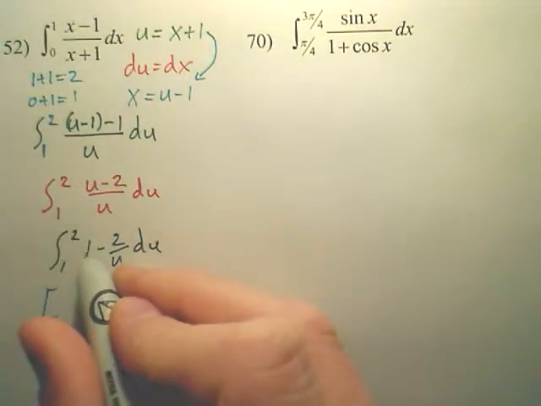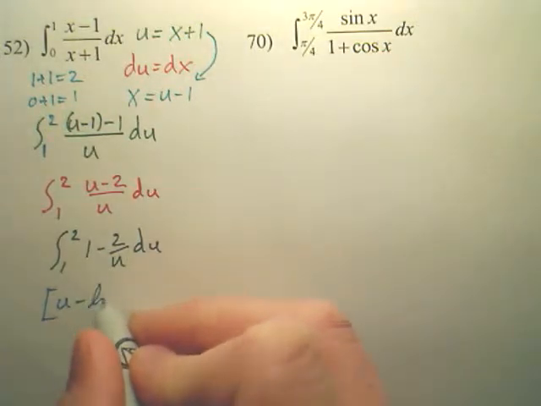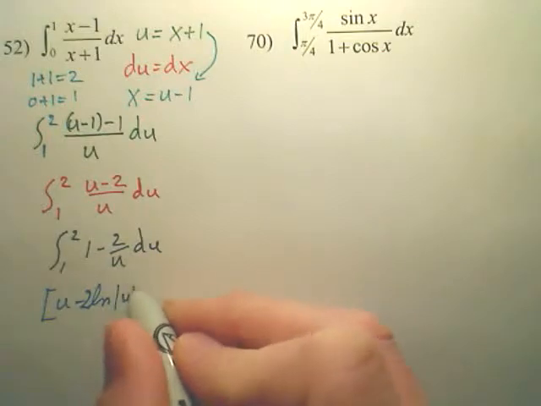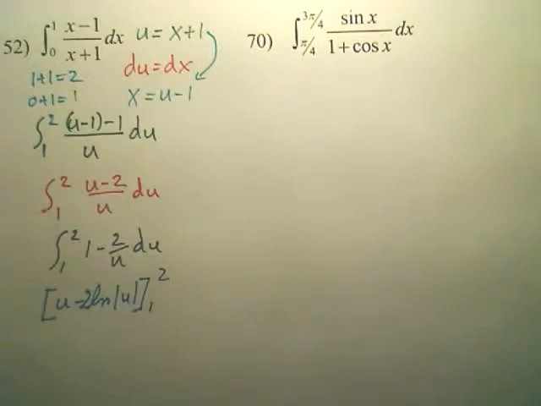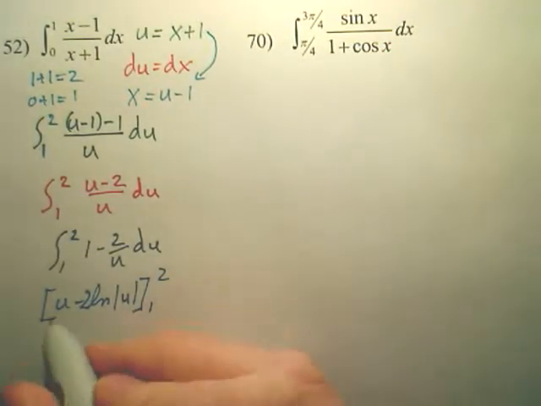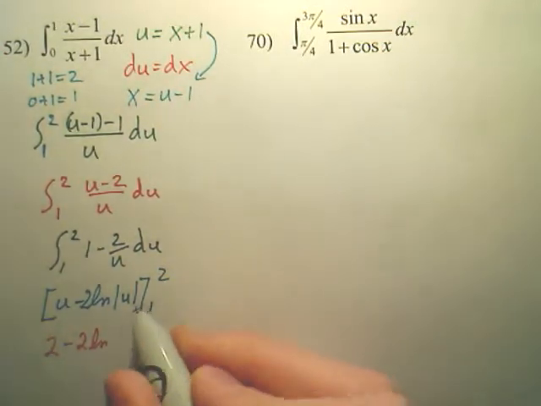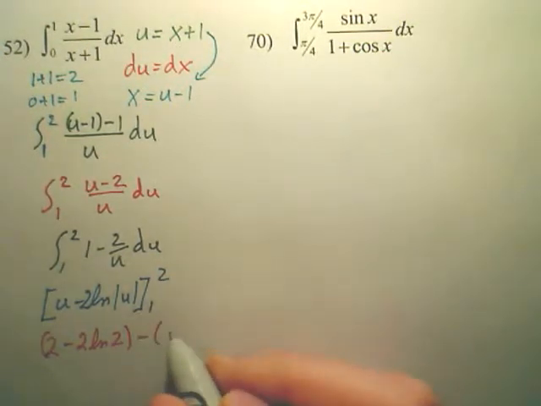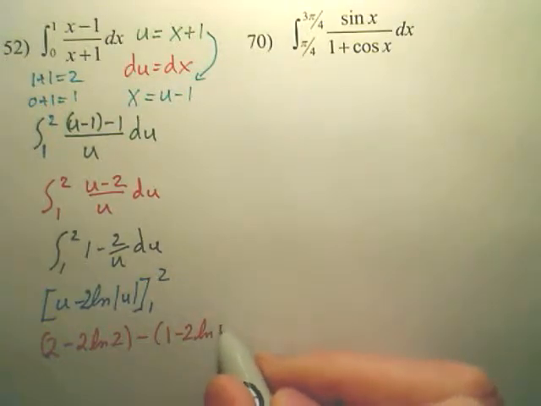That becomes the derivative. The integral of 1 is u. The integral of this is 2 ln absolute value u. And my interval is from 1 to 2. So u is 2 minus 2 ln 2 minus 1 minus 2 ln 1.